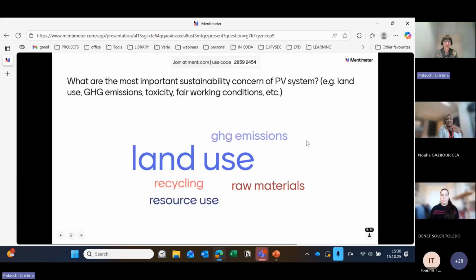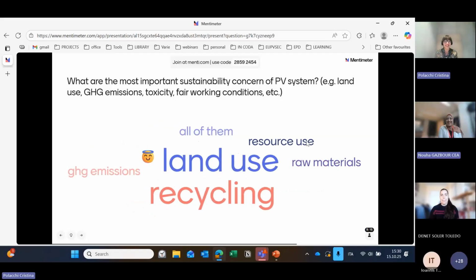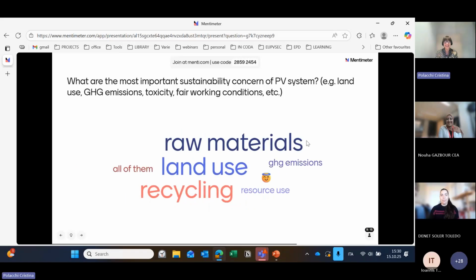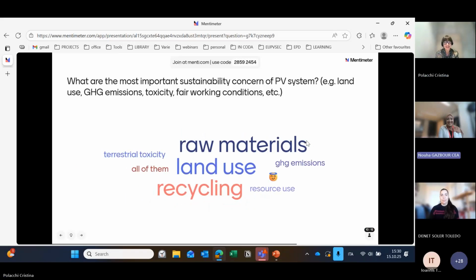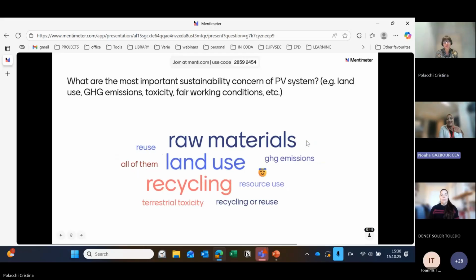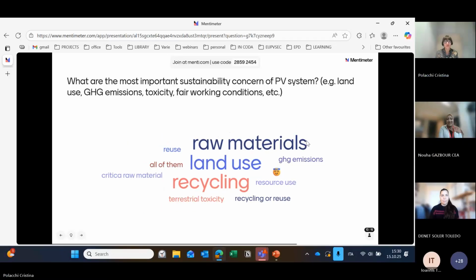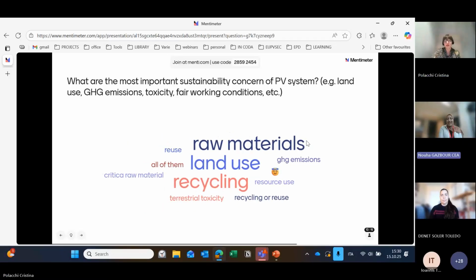Recycling, land use. Of all of them, of course. Reuse as well is really important. Yeah, but I think raw material also. Recycling or reuse. There is some toxicity also. Critical raw material, and resource use that is very similar.